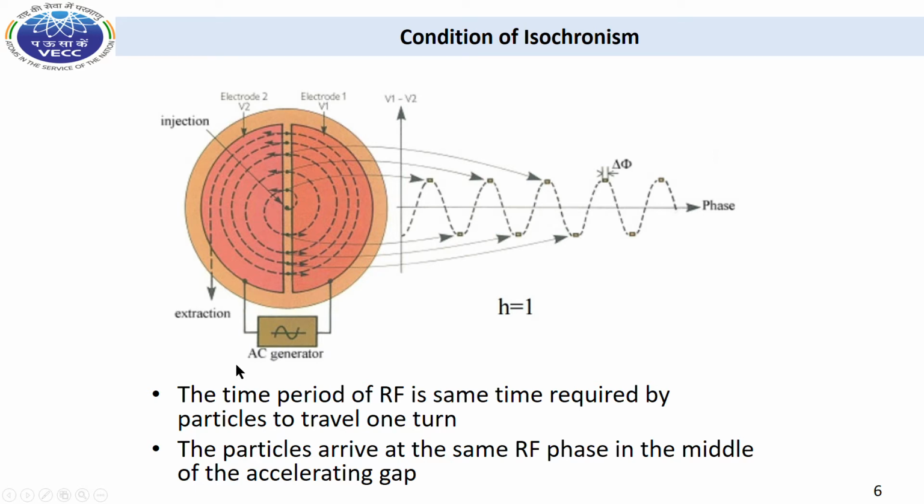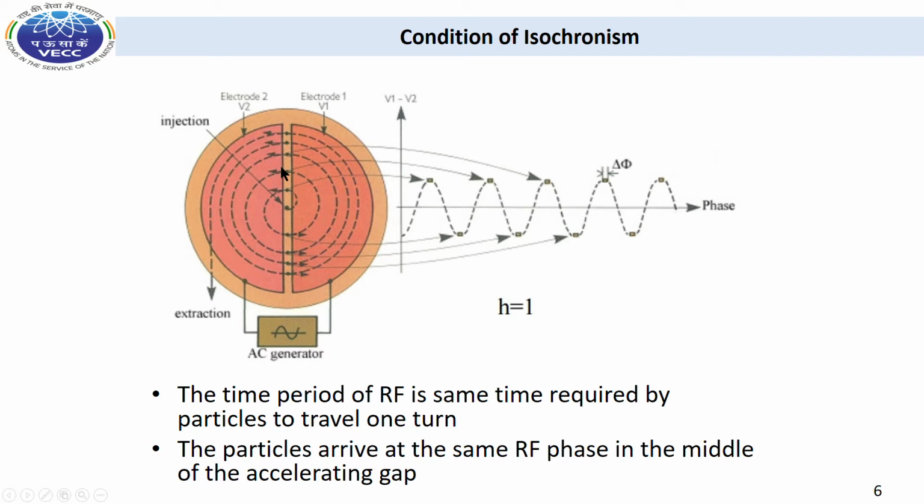So this condition of isochronism, it is very important for particle acceleration. The moving particle, it rotates in a uniform magnetic field. The rate of rotation of a specific charged particle, we call it cyclotron frequency. Here two D-shaped cavity, one is positively charged and another is negatively charged by alternating RF field.